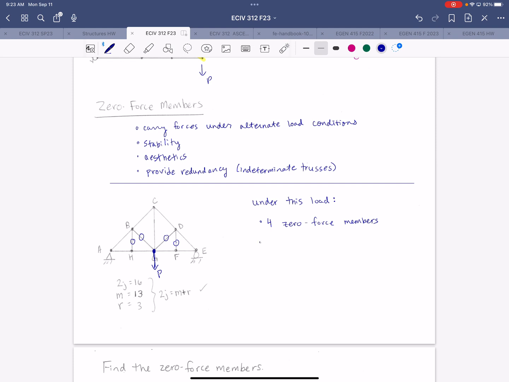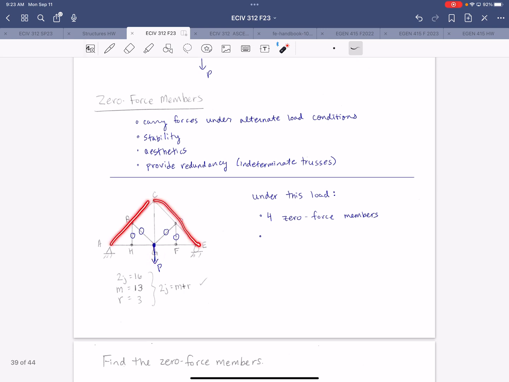So under this load, right, with the force acting downward on the bottom chord, the top chord, right, which is A, B, C, D, E, that top chord will be in tension or compression. Right. So A, B, C, and C, D, E are in compression.